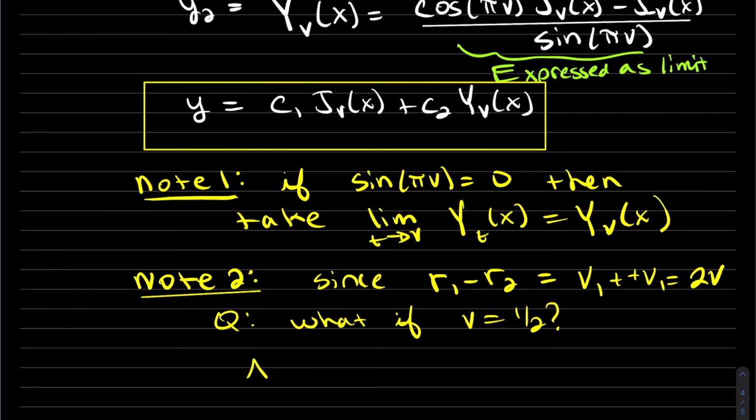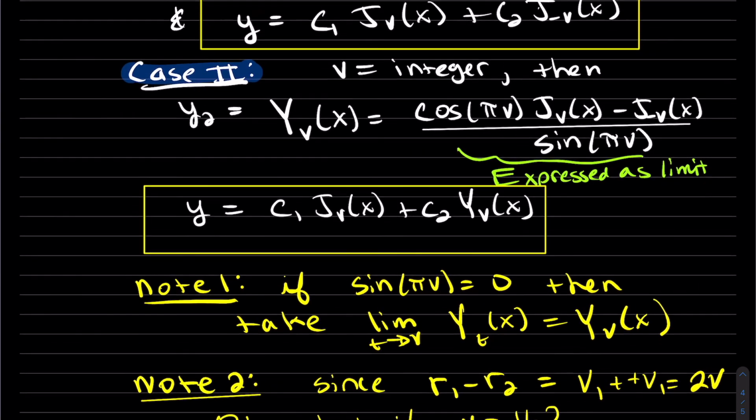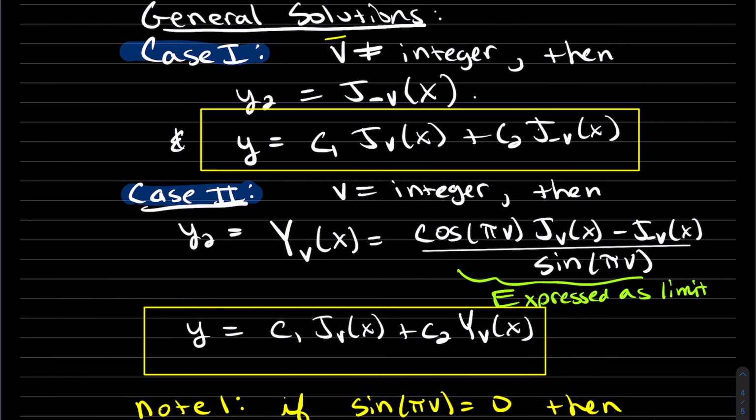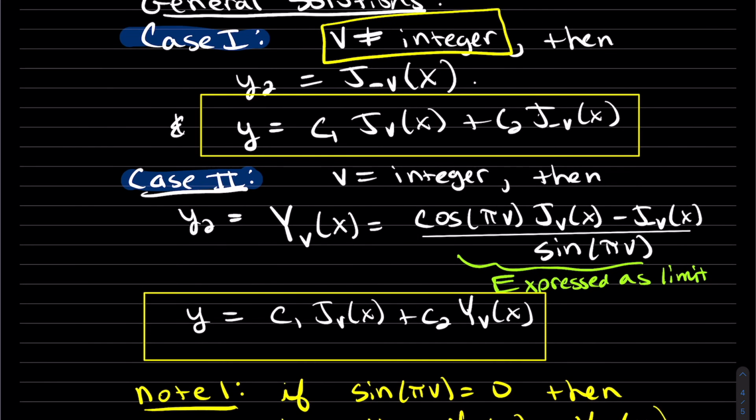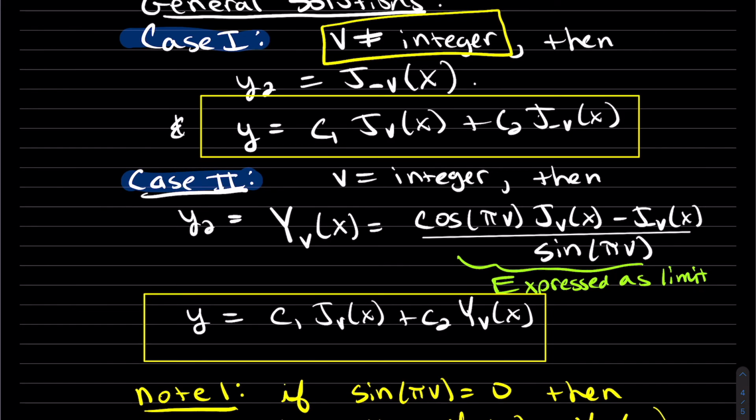The answer is it's okay. Our y2 is j minus v of x. We don't have to use the second y because we've lessened our criteria to be, instead of the subtraction, if they're not an integer, you can use it. So this still holds. Half's not an integer, so that formula can be used.